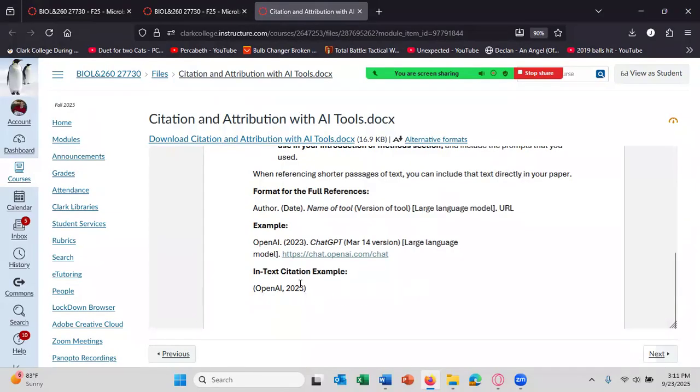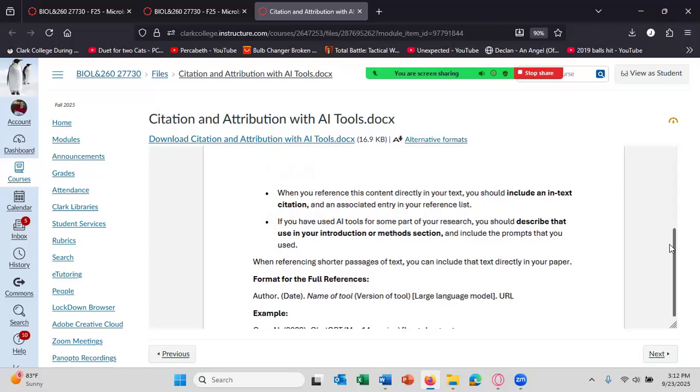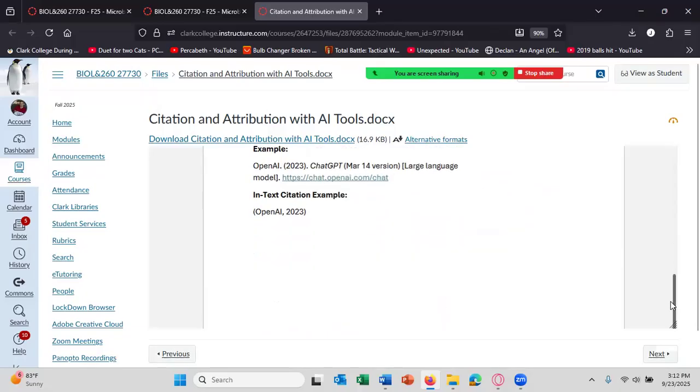That's where you have the in-text citation. And then at the end of your document, you have the full reference, and there it is: OpenAI, 2023, ChatGPT version, large language model, and then a link to OpenAI, where you got it from.